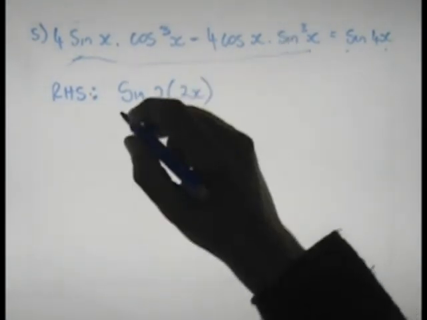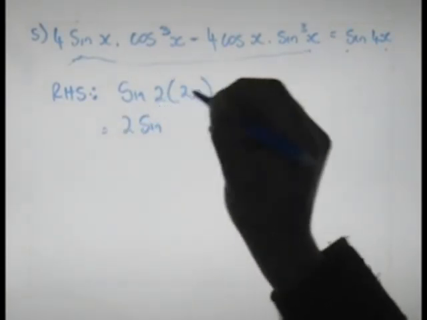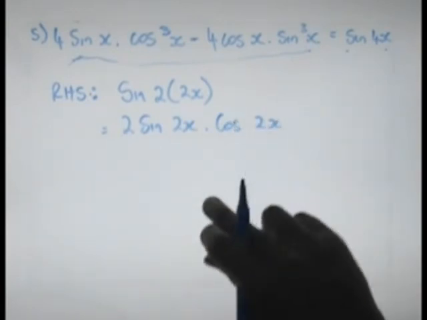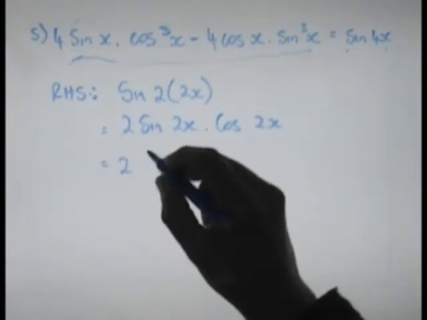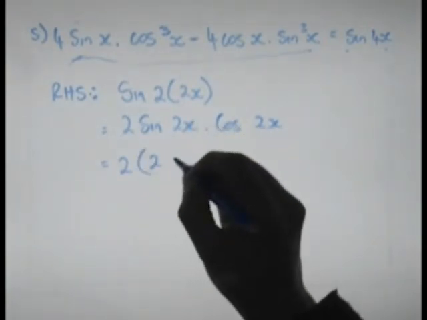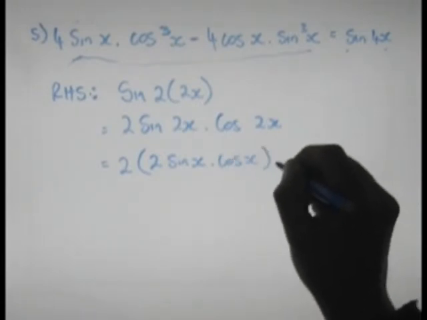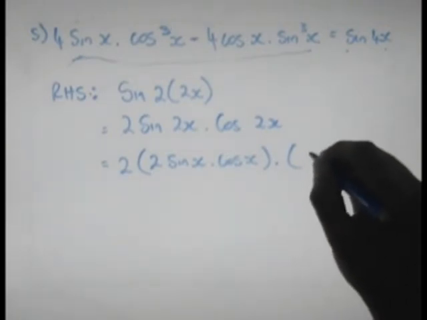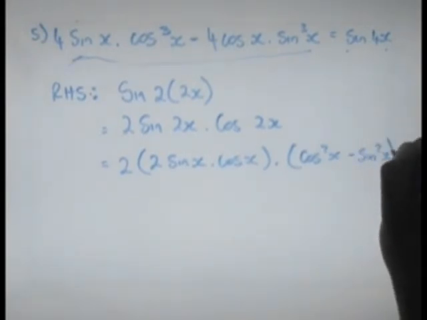Sine of 2 times 2x is equal to 2 sine 2x times cos 2x. But those two can be simplified. That's going to give me 2 sine 2x is equal to 2 sine x times cos x, multiplied by cos 2x. I'm going to turn that for now into cos squared x minus sine squared x.